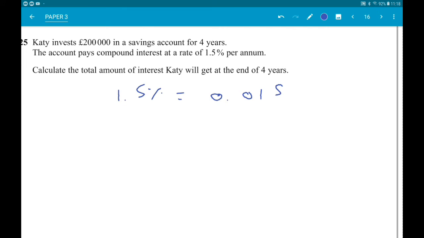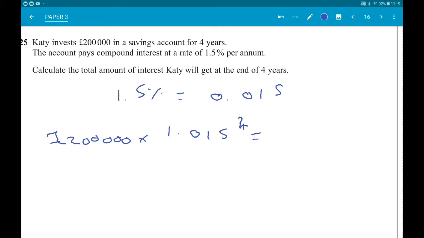So we then do 200,000 times 1.015. Now that would increase £200,000 by 1.5%, so that would tell us how much is in there after 1 year. We want after 4 years though, so we stick a power of 4 on the multiplier.